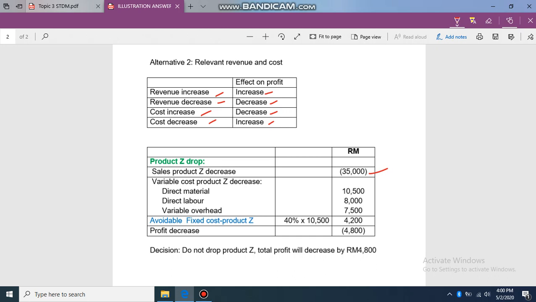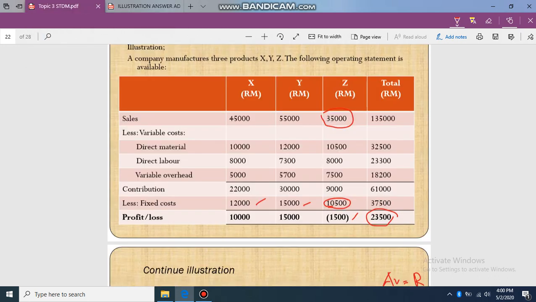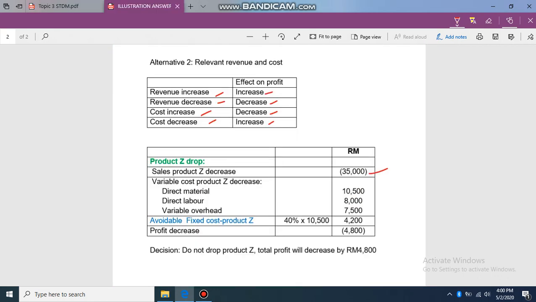How about the cost? If you do not produce Z, you do not have to incur all the variable costs. That means we can save in terms of variable cost, so cost saving, cost decrease. What happens when the cost decreases? The effect on profit will increase.